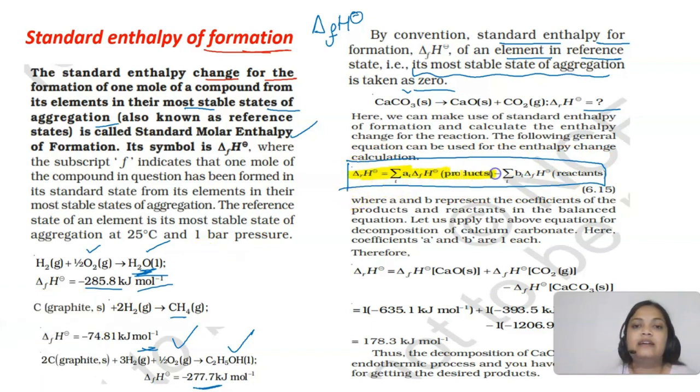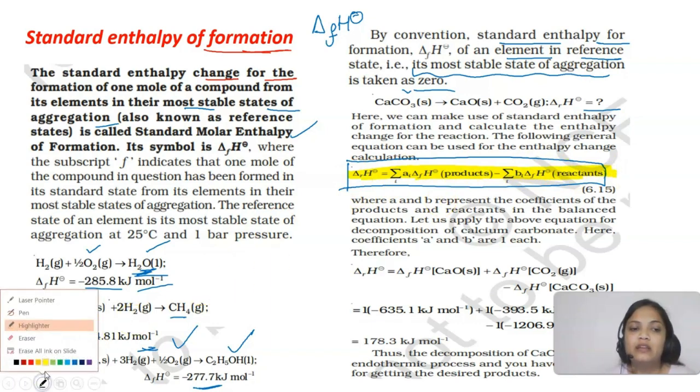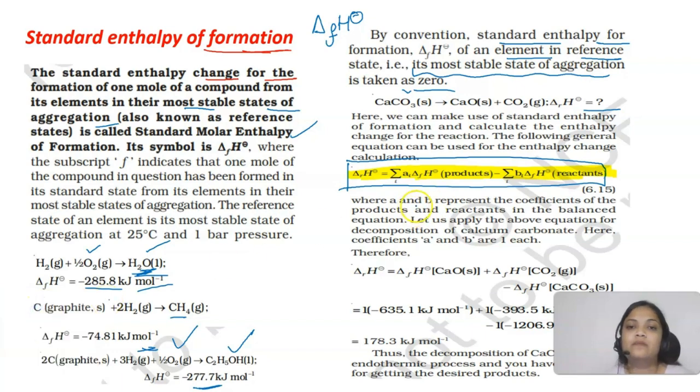That the standard enthalpy of reaction will be equal to the enthalpy of formation of products minus the enthalpy of formation of reactants, okay? So that means for this particular reaction, the enthalpy of reaction will be enthalpy of formation of product, means calcium oxide plus enthalpy of formation of CO2, minus enthalpy of formation of calcium carbonate.